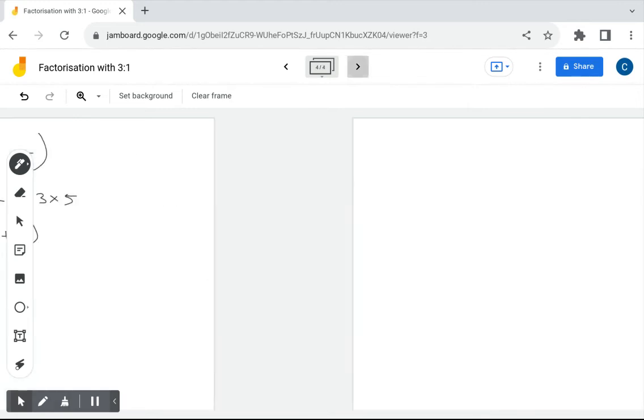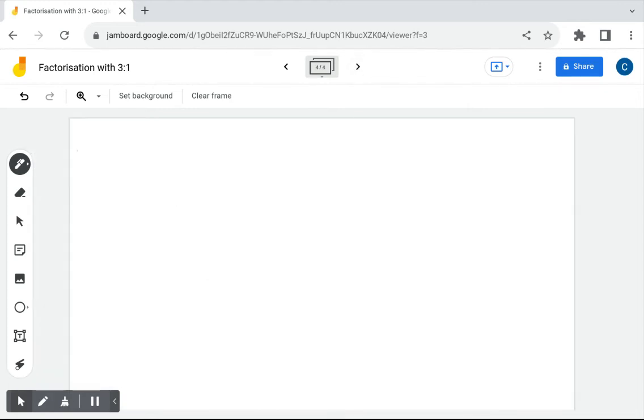Let's do one more example. Now we're going to factorize a quadratic: x squared plus 4x plus 3. So a quadratic with 3 terms, and the coefficient of x squared is 1. The first thing we need to do, let's go to our working column.